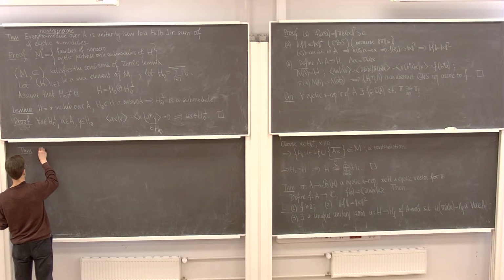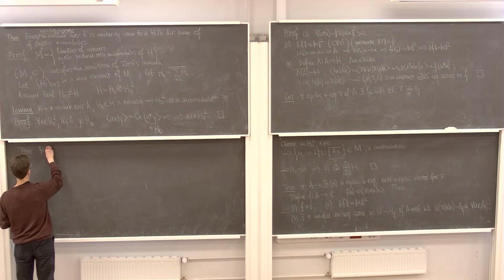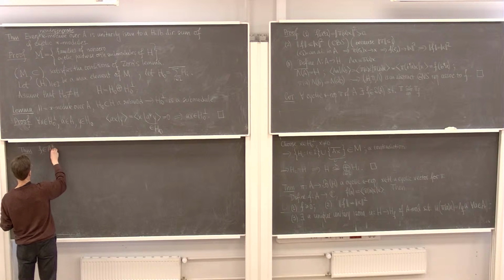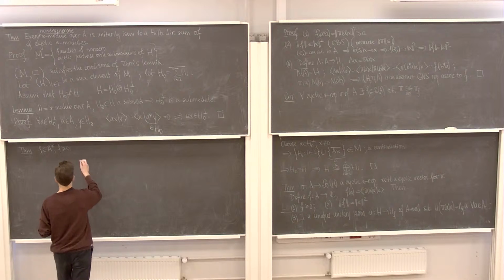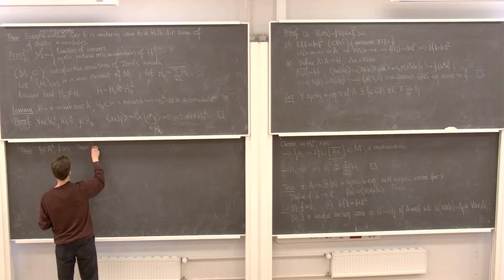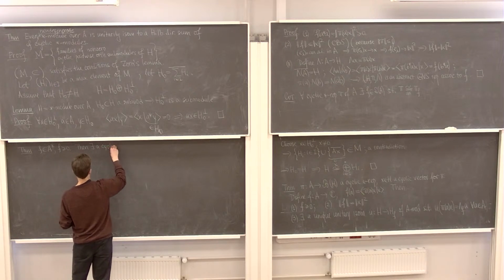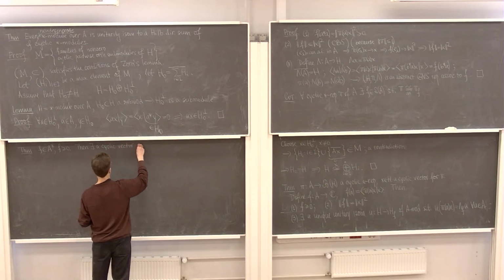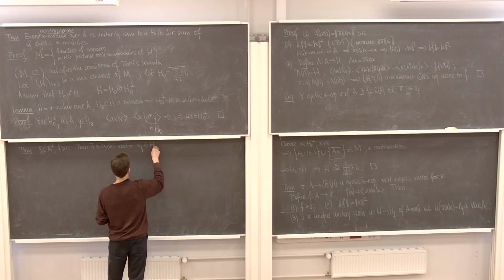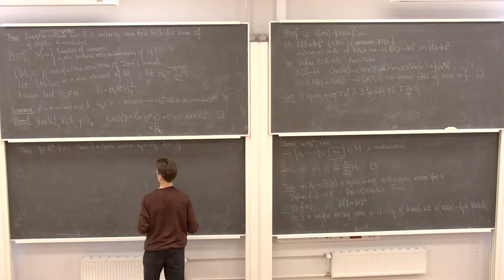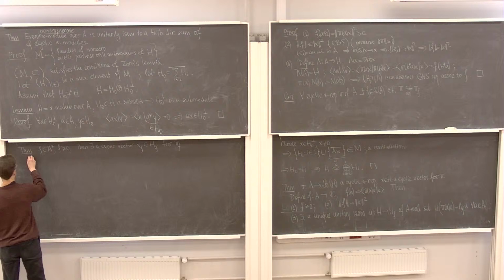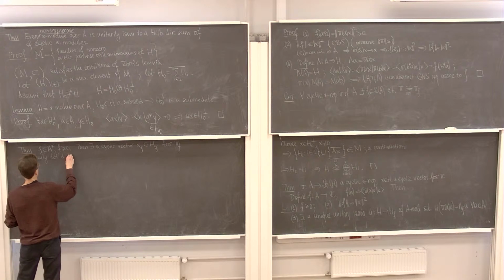Suppose that F is a state on A, or just a positive linear functional on our C star algebra. Then there exists a cyclic vector, denoted by xf, a cyclic vector for the GNS representation pi f, uniquely determined by the following equality.